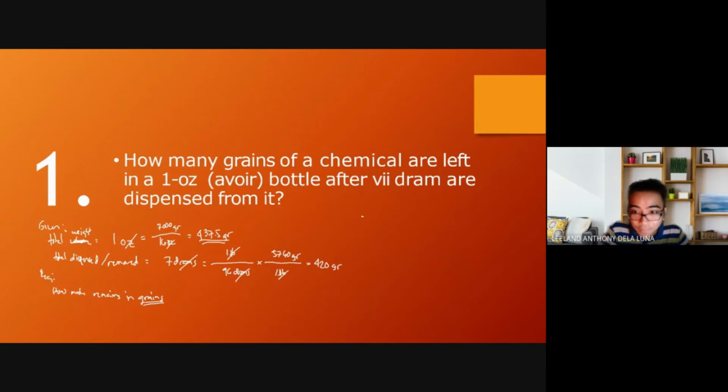So, solution, remaining ang kailangan natin, right? So, remaining is equal to total weight minus yung total dispense na tinanggal. So, ang total weight natin is 437.5 grains minus 420 grains. And what remains would be 17.5 grains.